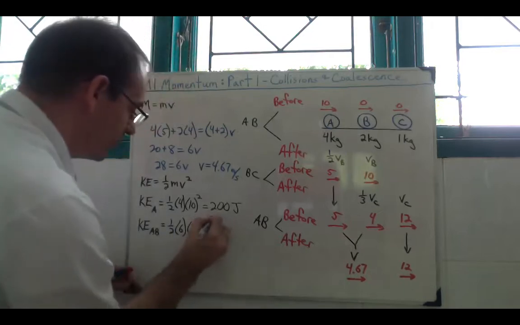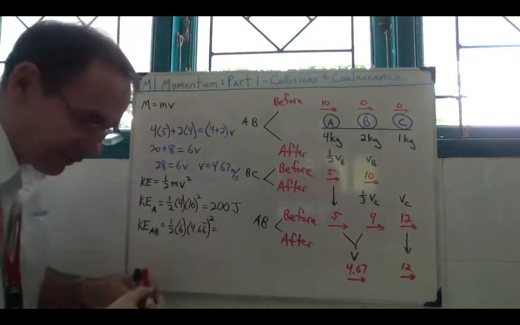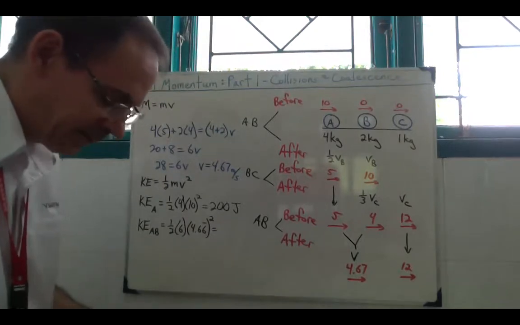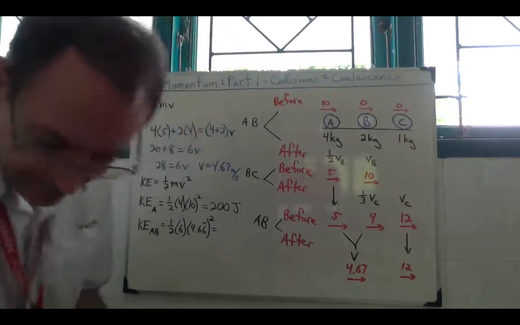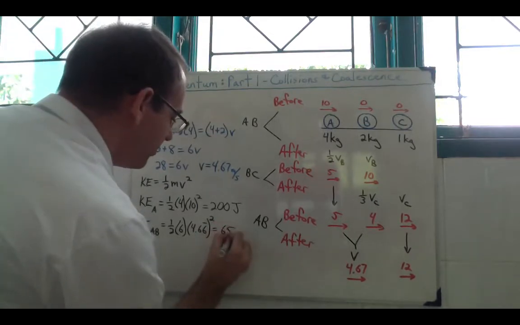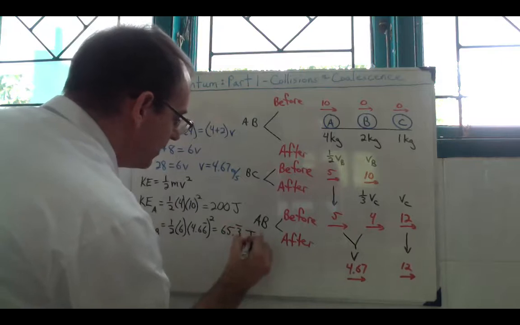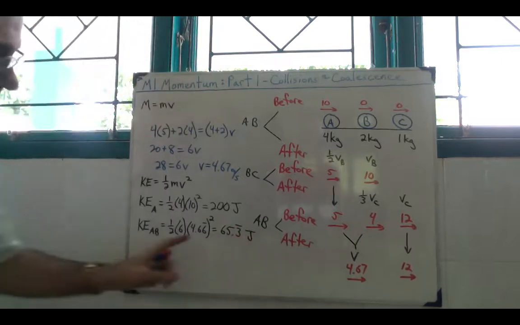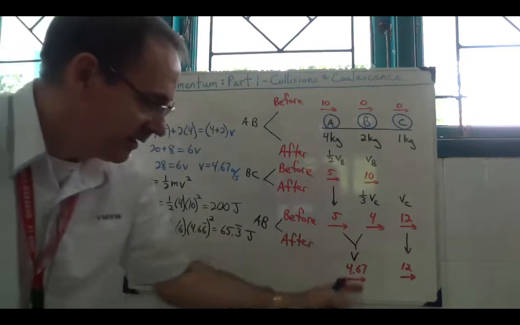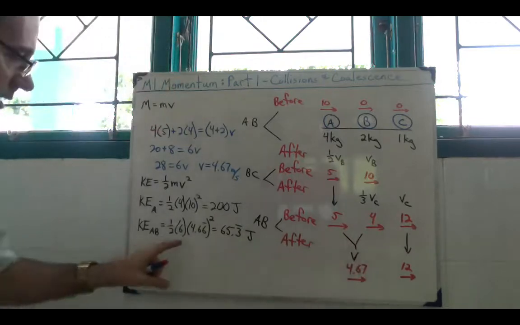Oh, sorry, I need to square this. Don't forget the squared. Need to go back and square that number. Equals 65.3 repeating joules. That's for our coalesced particle. That's how much kinetic energy is in this coalesced AB particle.